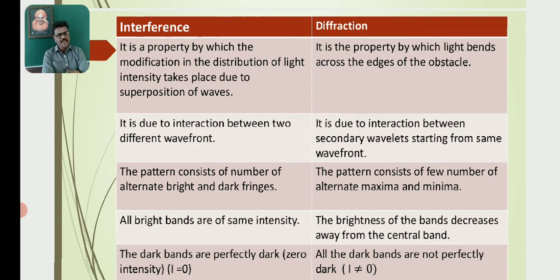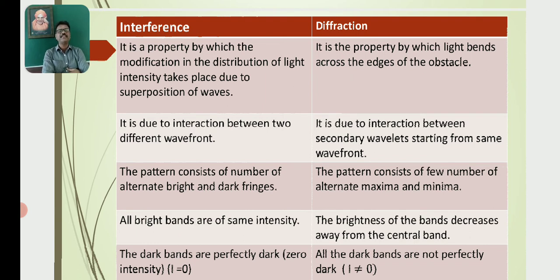Diffraction is due to interaction between secondary wavelets starting from the same wavefront. For interference, the pattern consists of a number of alternating bright and dark fringes. For diffraction, the pattern consists of a few alternating maxima and minima.